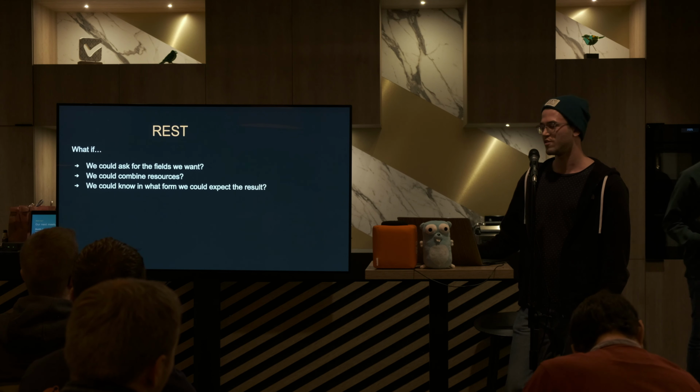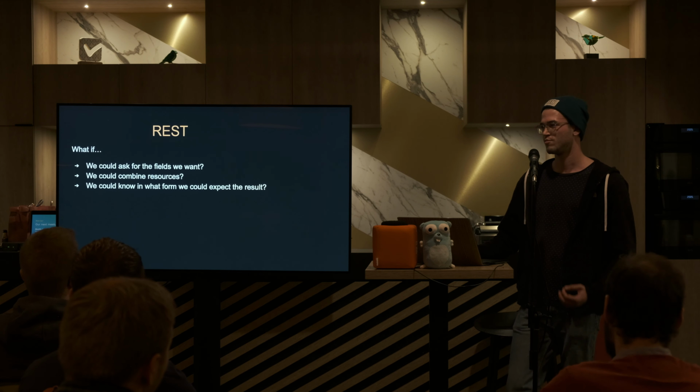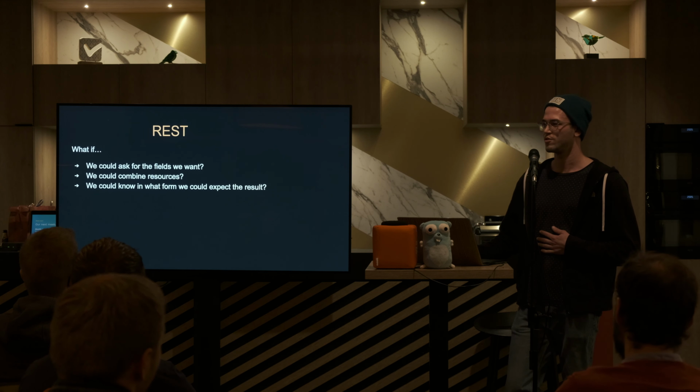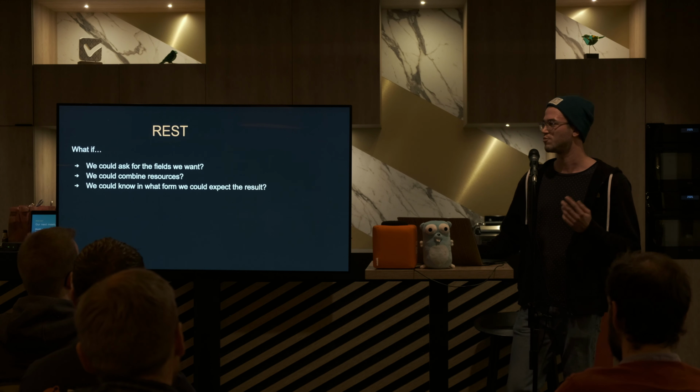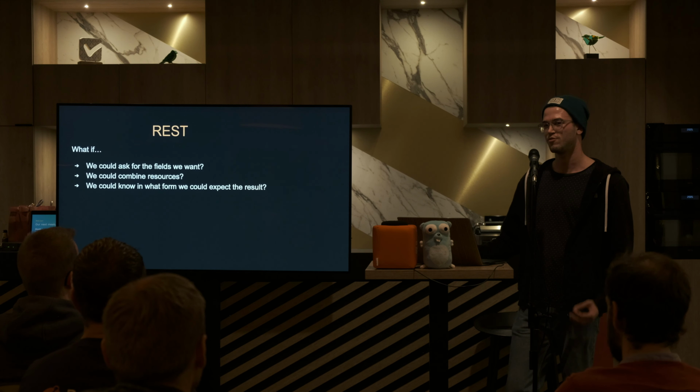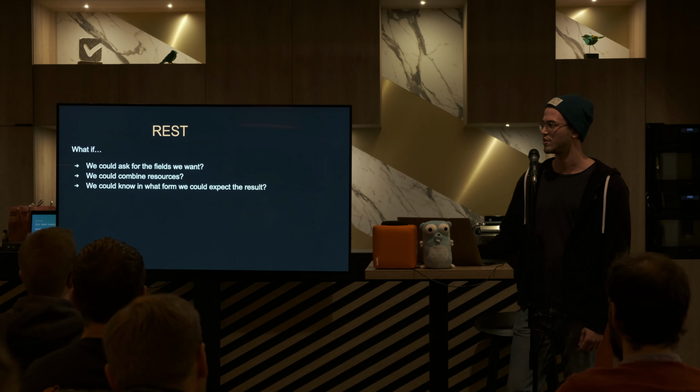And what if we could know in what kind of form the result is returned? So now you get some JSON blob back, but what if we already know all the types of everything you can get back?